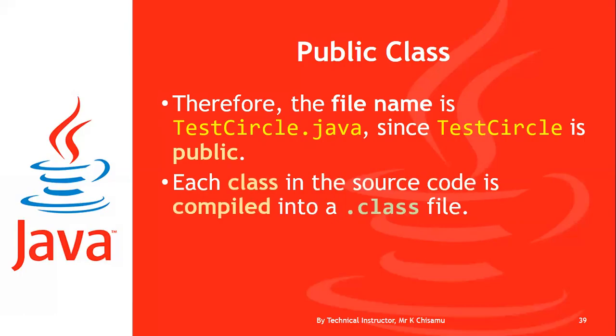Each class in the source code is compiled into a .class file. So when you run the testcircle class, it will produce an executable file, which is called a .class file. What do we mean by that? Remember, Java is not a low-level language. Again, I won't go into the details.